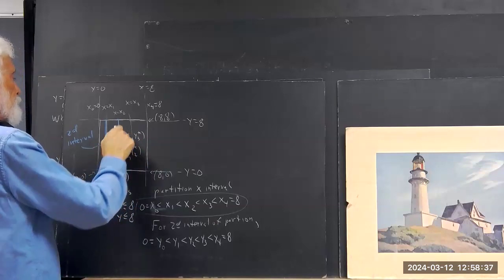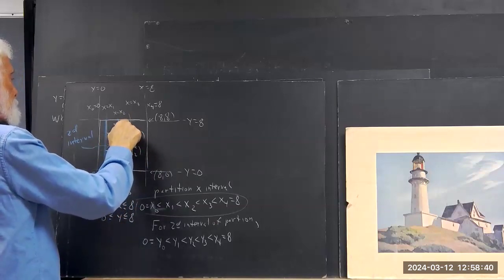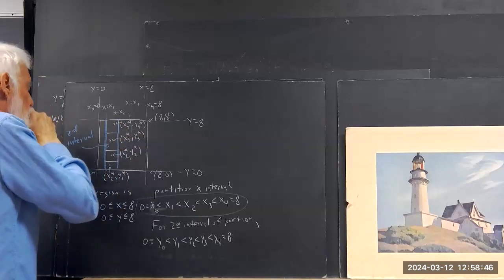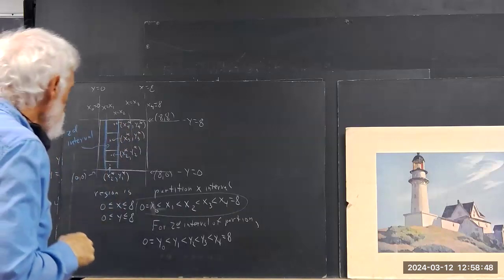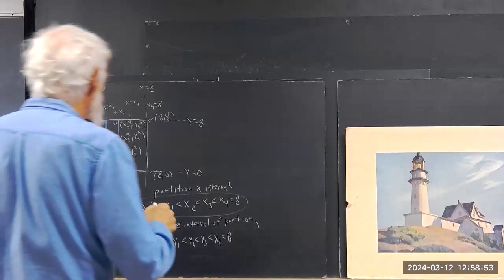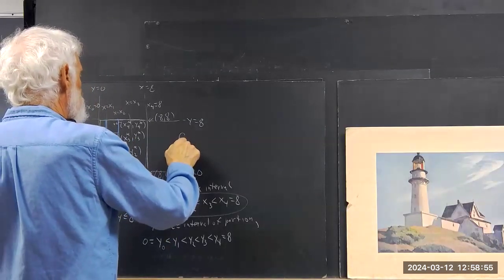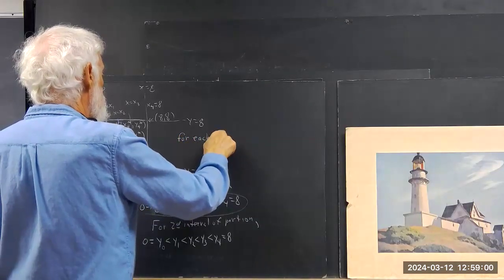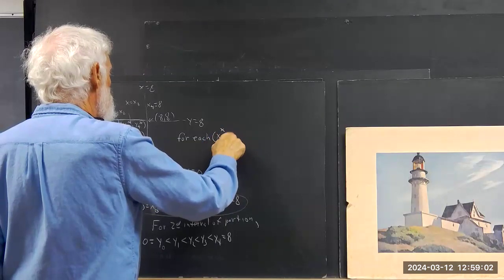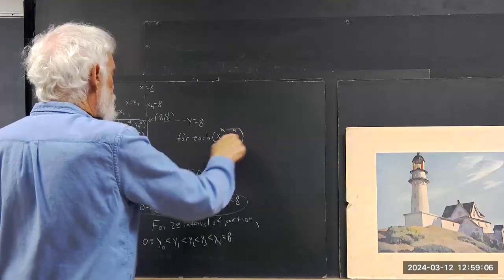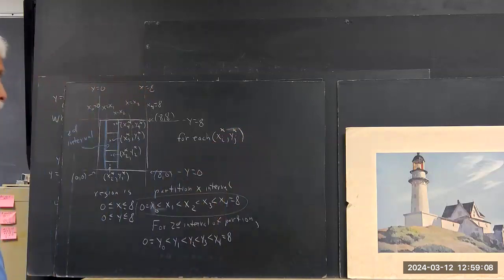In that case, I get sample points, each xi star, yj star.